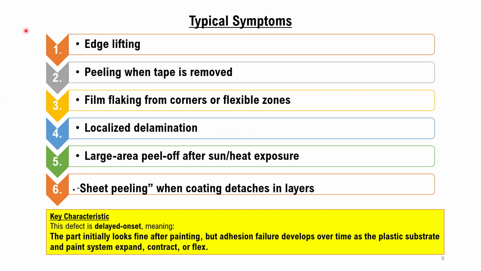The typical symptoms of poor adhesion are edge lifting, peeling when the tape is removed, film flaking from corners or flexible zones, localized delamination, large area peel off after sun heat exposure, and finally sheet peeling when a coating detaches as a layer.